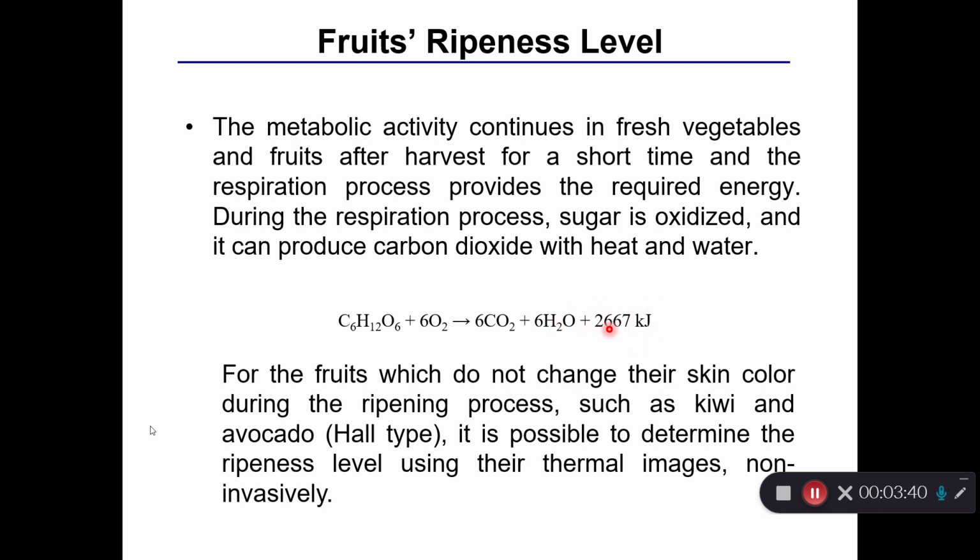And this energy basically increases the fruit's temperature. And so for the fruits which do not change their skin color during the ripening process, such as kiwi and avocado, it's possible to determine the ripeness level using thermal images non-invasively. That's the goal of this first work.